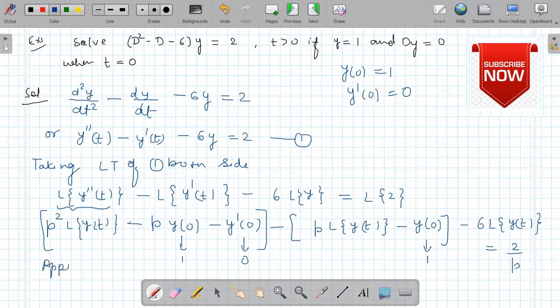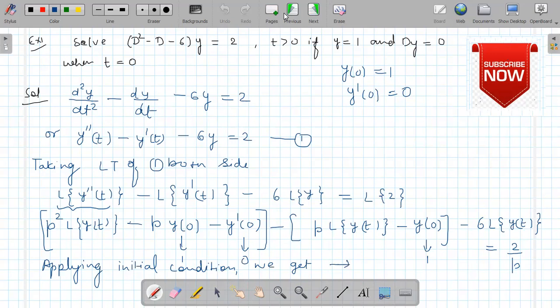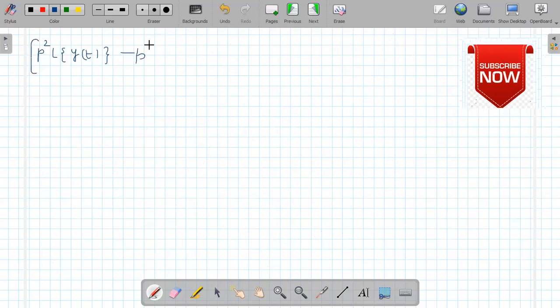Applying the initial conditions, we get, on the next page: p square Laplace of y(t) minus p, here you will get minus p and here it is 0, minus p L of y(t) minus 1, minus 6 L of y(t) is equal to 2 upon p.